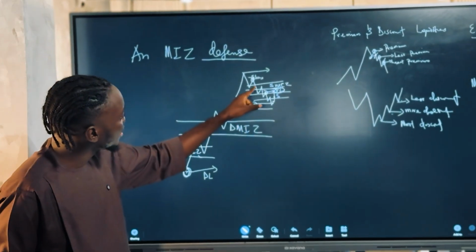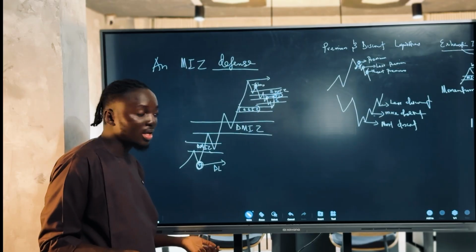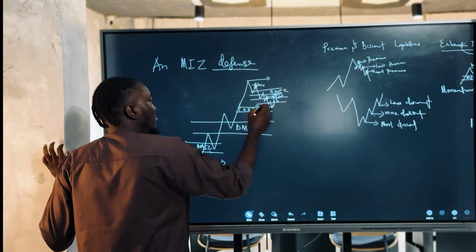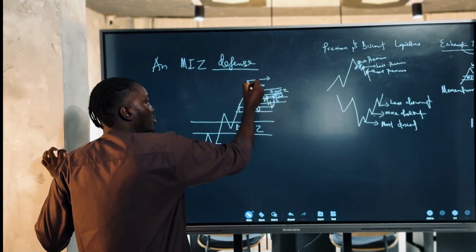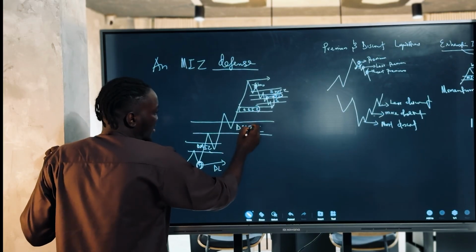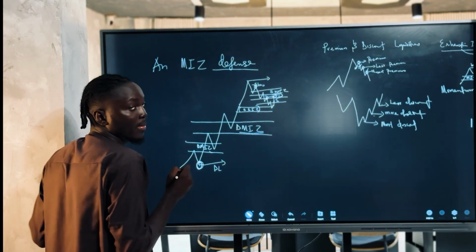For buyers to continue, the sellers' trend has to end. Which means the ideal thing there is that the only place where this continuation can happen or where the most premium liquidity can be taken is within the daily MIZ.